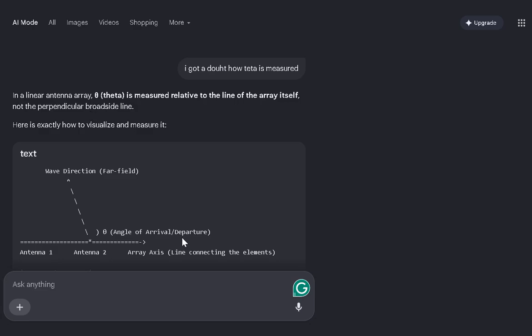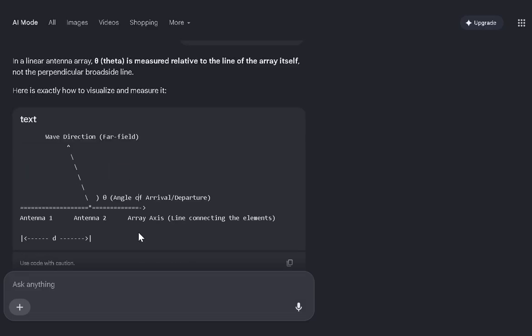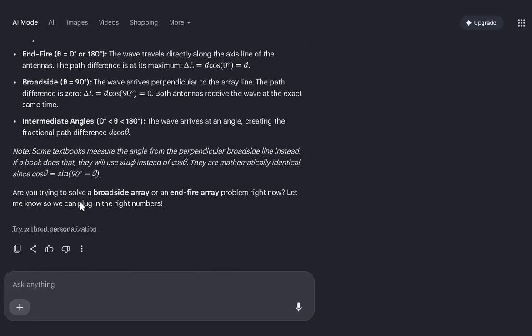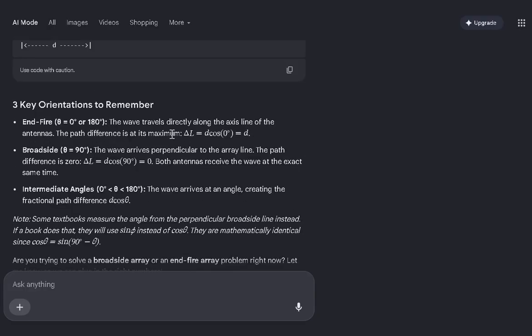This is the array axis connecting the elements. Theta is the angle of arrival or departure, the angle of the wave direction in the far field. Use the end-fire reference for theta.